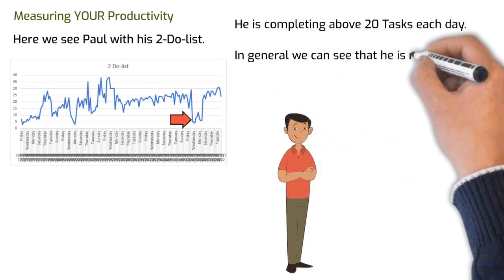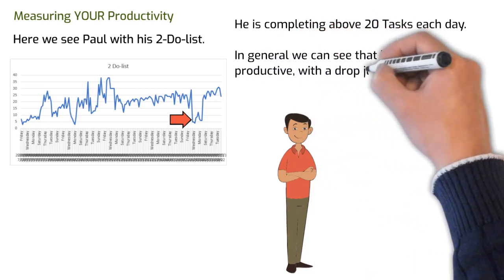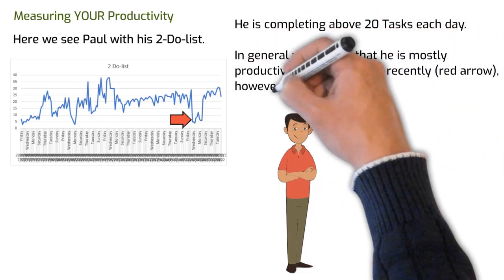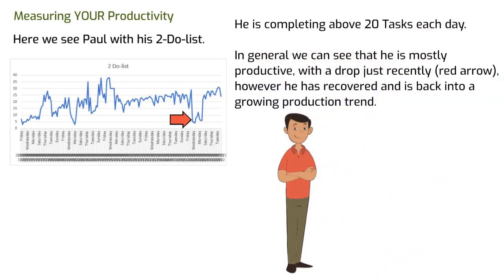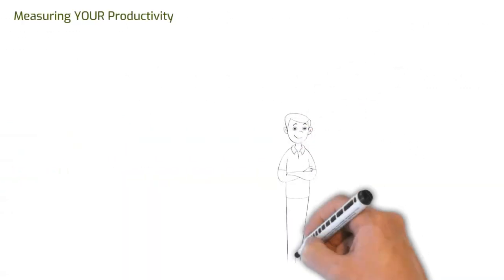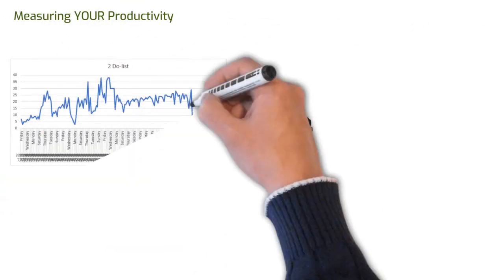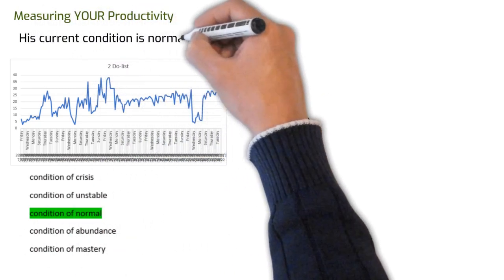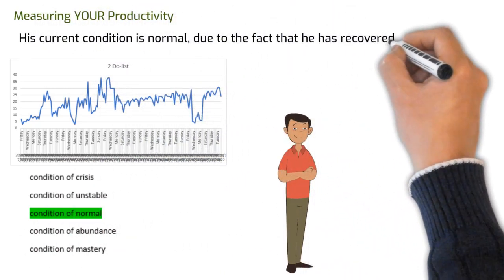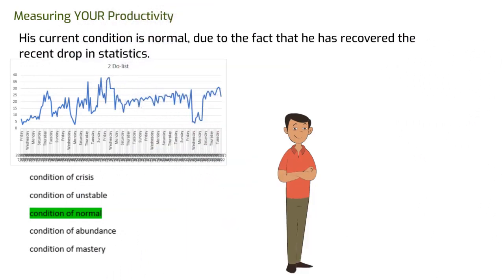In general, we see that he is mostly productive, with a drop just recently, see red arrow. However, he has recovered and is back into a growing production trend. His current condition is normal due to the fact that he has recovered the recent drop in statistics.